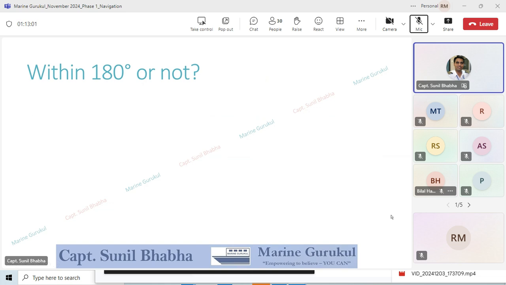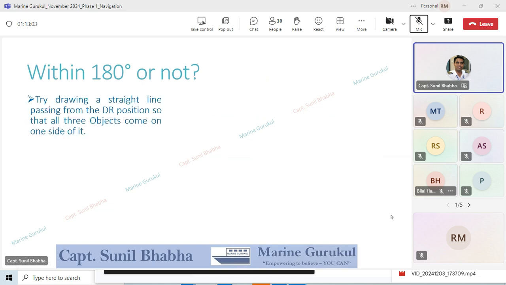Now, how do we find out in a particular question whether the bearings are within 180 degrees or not? We can easily understand it using a simple example.